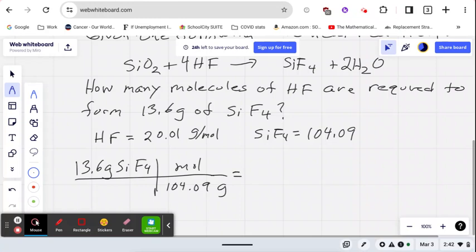Okay, so 13.6 divided by 104.09 is going to be 0.13. I'll write it down. 0.13.